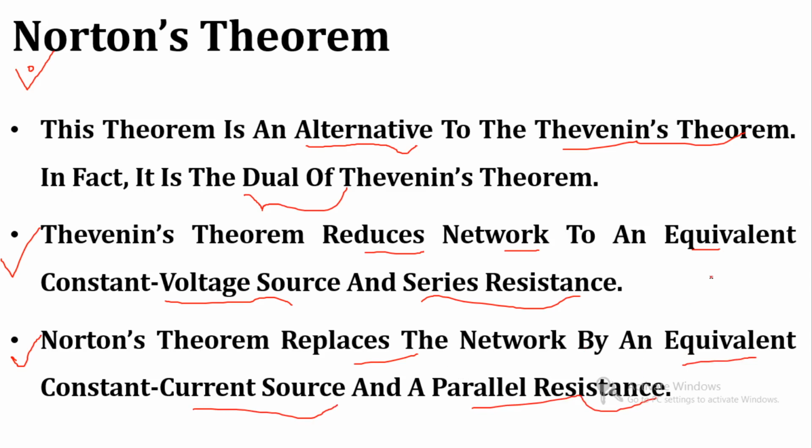That means in Thevenin's theorem we have voltage source with series resistance, but in the case of Norton's theorem we have current source with parallel resistance. So in this way we can say that Norton's and Thevenin's are alternative or dual of each other.